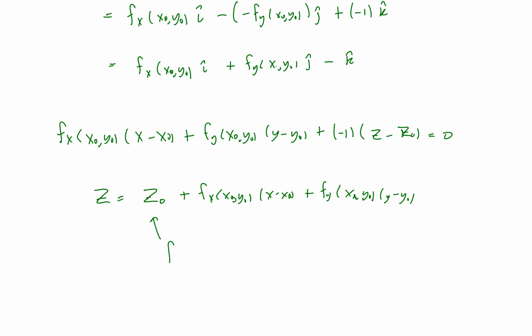And noticing that z0 is f of x0, y0, this is exactly the equation for the plane that we had when we were doing the tangent plane. So we see we can recover that from our new version of coming up with planes based upon the normal vector and using the cross product of those two tangent vectors.